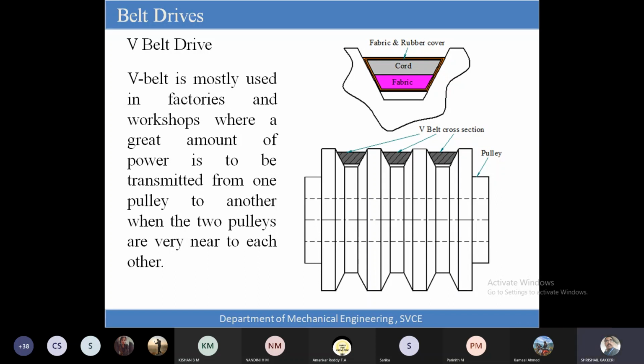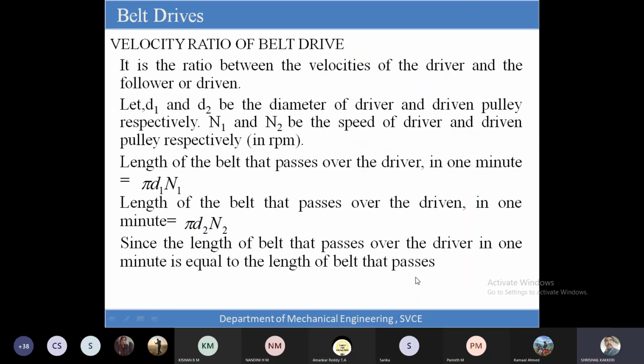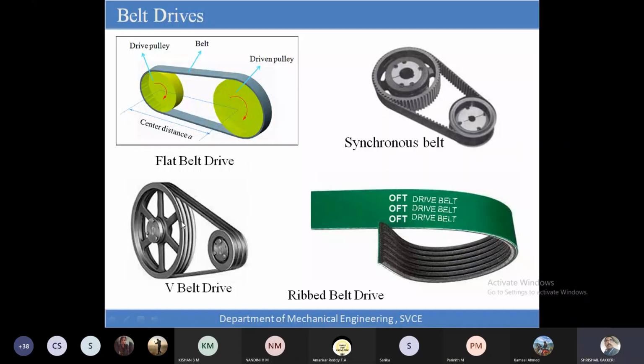You can see that there will be V grooves in both the pulleys. This is the driver pulley, this will be the driven pulley, and on these grooves the V belts will be running. The V belts will be from 3 to 5, 6, 7 even.